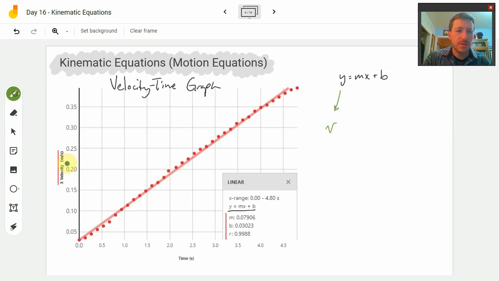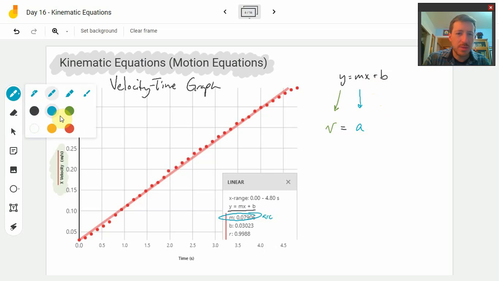So the velocity is equal to my slope, which we already talked about. That slope is the acceleration.